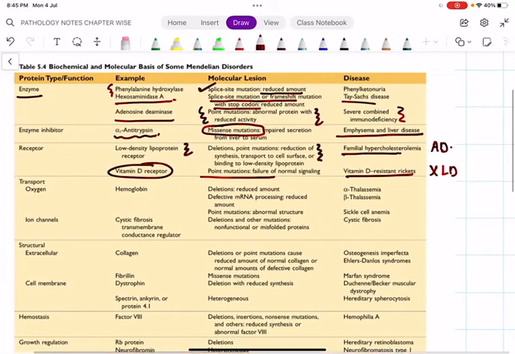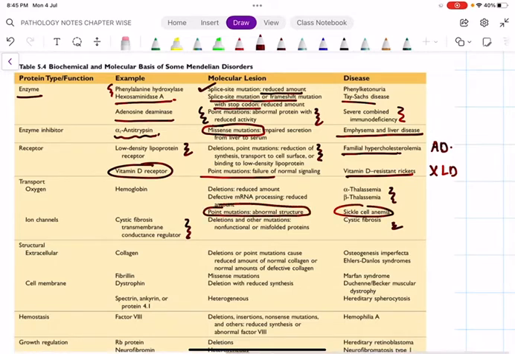Coming to transport, oxygen, hemoglobin. Whenever there is deletion, what will happen? Alpha or beta thalassemia. Cystic fibrosis transmembrane conductance regulator, again cystic fibrosis. Then point mutations, abnormal structure: glutamic acid is replaced by valine.